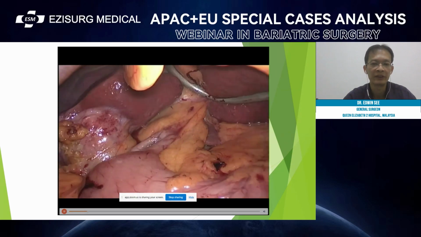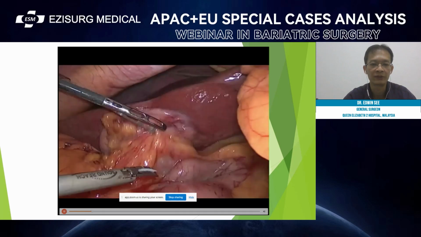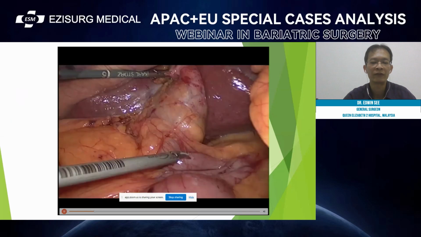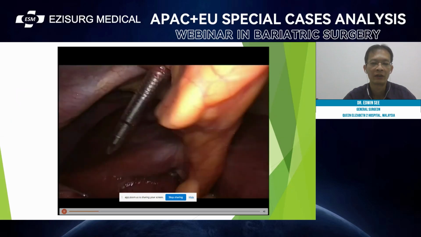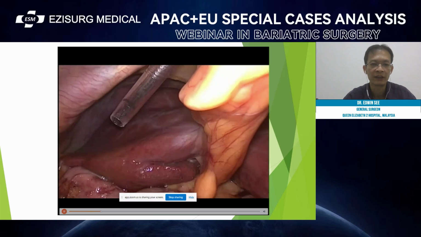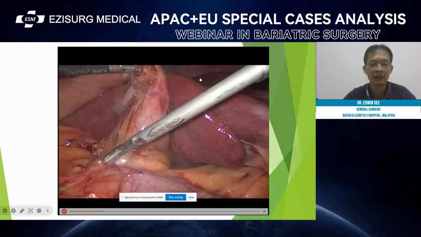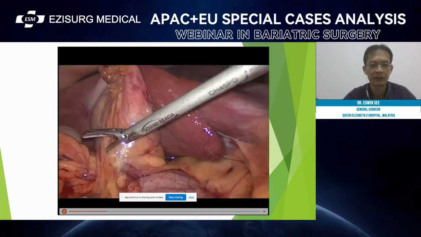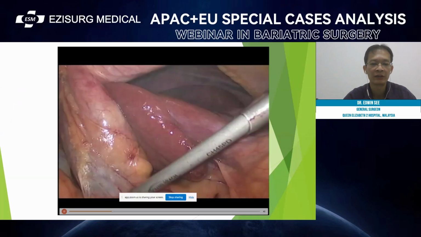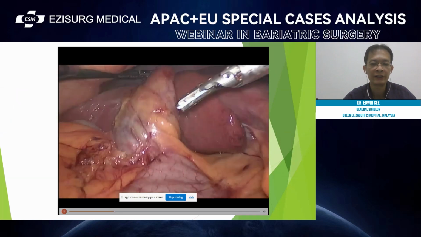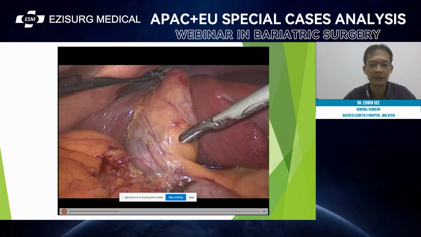But this can be a bit difficult, and the retraction may not be useful, as you see that the lower part of the gallbladder still has adhesions to the visceral fat, and thus I change it to a 5 mm port replacing the liver retractor port. And now using an energy device to release all the adhesions, further retraction up of the gallbladder is made easier in this way.